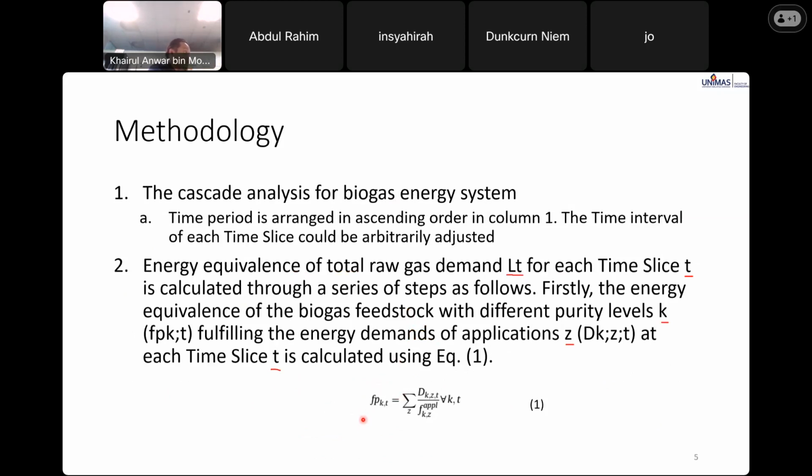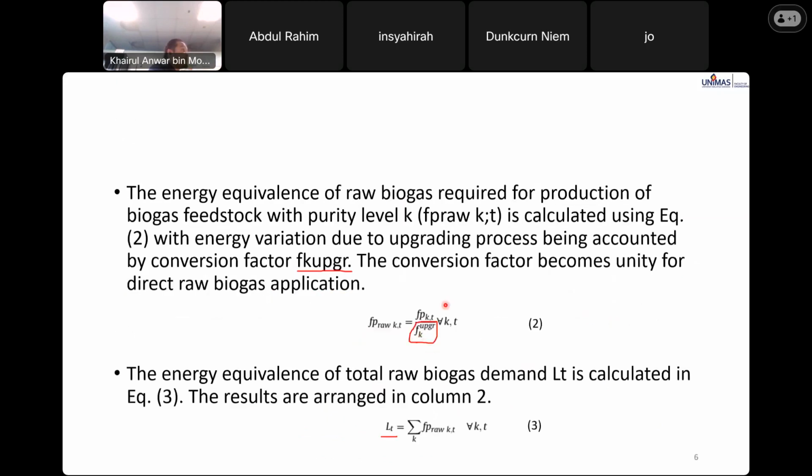FPKT is the biogas energy equivalent of the biogas feedstock with different purity levels K. F upgrade is the conversion factor. FPO is the fraction of biogas with purity level K. So all of this is based on the raw data to calculate. Then you get the LT.